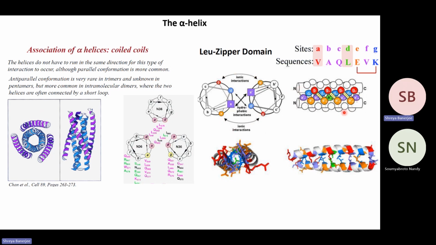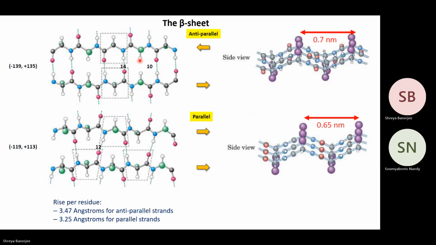That forms something called a leucine zipper, and the leucine zipper is a motif that is often found in DNA-protein interactions. Again, you don't need to go into the details of these structures. This is just giving you an overview of the different associations that alpha helices can form.